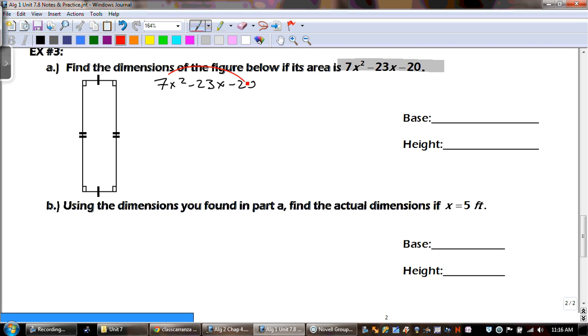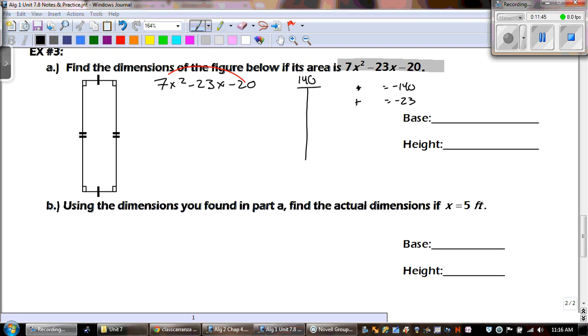So we're going to multiply 7 times 20, which is 140. And we want ones that multiply to get negative 140 and add to get negative 23. Okay? So go ahead and pause the video and see if you can do all that on your own. Good luck.